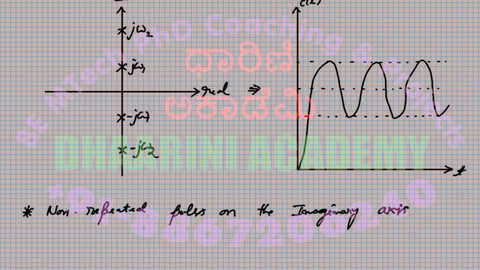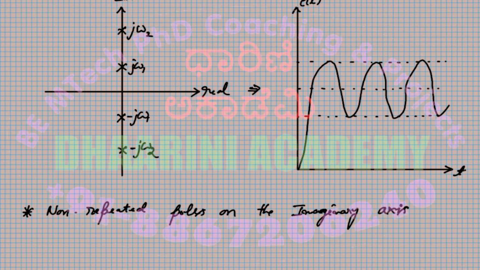Non-repeated poles should be present on the imaginary axis. Non-repeated is very important; they should not repeat. Whether you have poles on the left-hand side doesn't matter. The left-hand side corresponds to stable conditions, so they do not interfere in the system becoming marginally stable. Whatever is present on the y-axis is important. On the y-axis you cannot have repeated poles. That's the first thing.